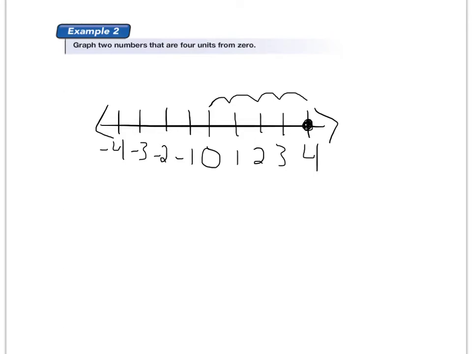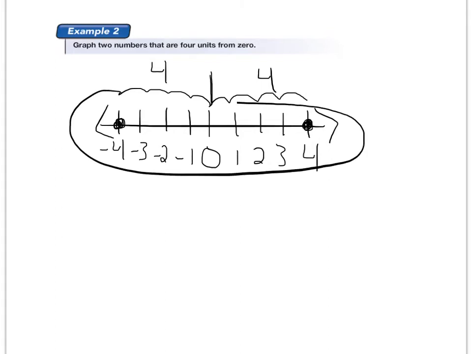So I am 1, 2, 3, 4 units from 0 again. So that is a dot on negative 4. Again, we're 4 units this way from our 0 here, 4 units in either direction. So those numbers would be 4 and negative 4. So my answer would be a number line that looks like that, right there.